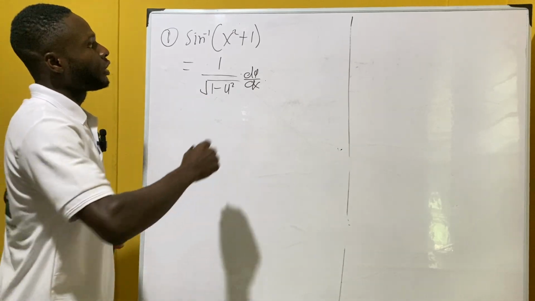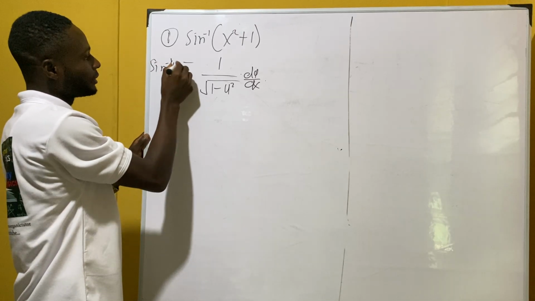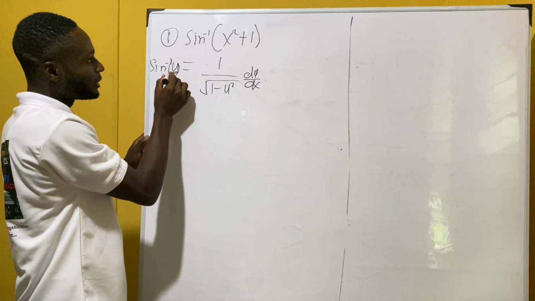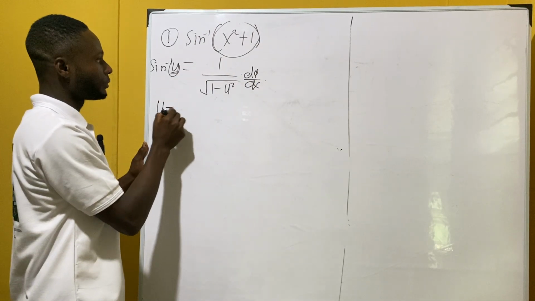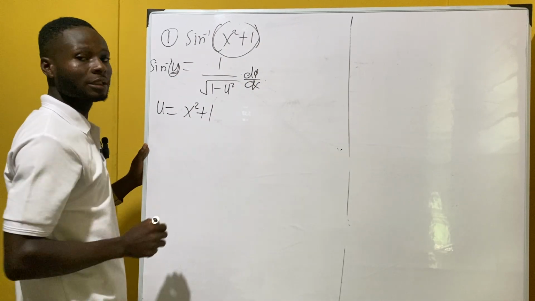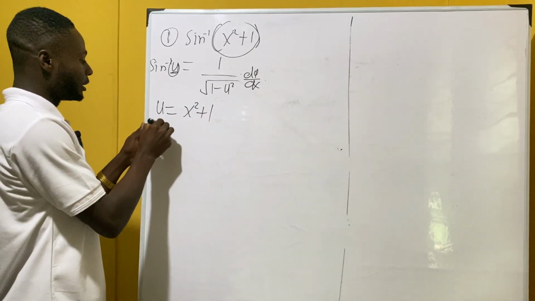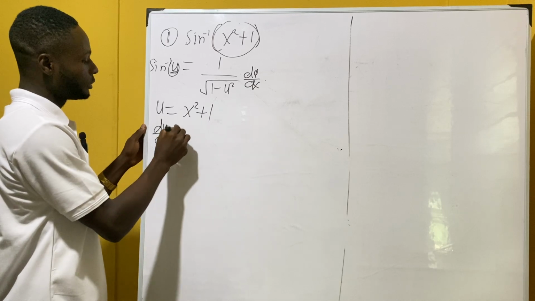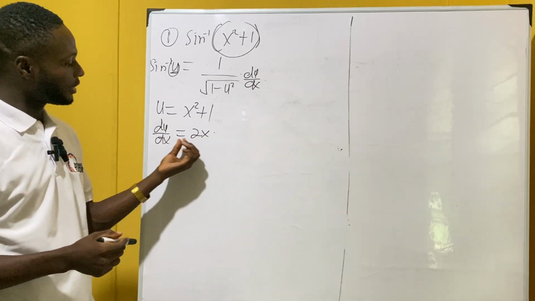So the u right here is the whole of this function. So we have u equals x squared plus 1 right here. So we have to find du dx. So du dx is equal to 2x right here. So now we have our du dx.